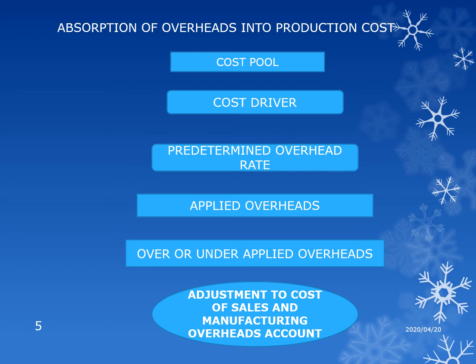So how do we absorb overheads? Number one, you must develop a cost pool. Cost pool simply means a collection of all your overheads in different forms. Once you have a cost pool, then you must identify the cost driver. We've got 6 cost drivers.